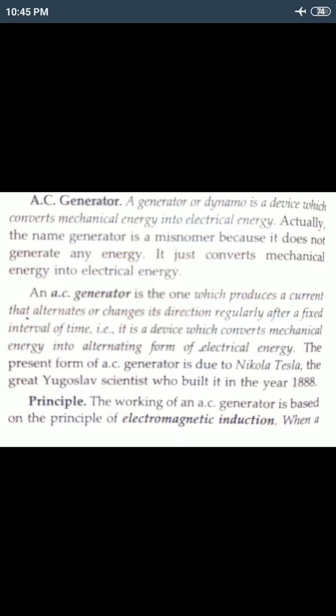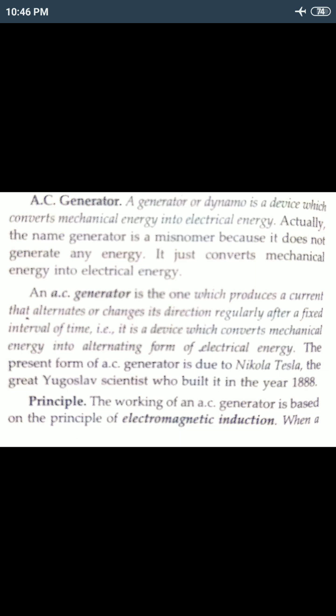Then the next one is the AC generator. You also studied it in class 10. If you want, you can go through my YouTube channel, and from class 10, in the chapter magnetic effect of electric current, you can get the video of this AC generator.